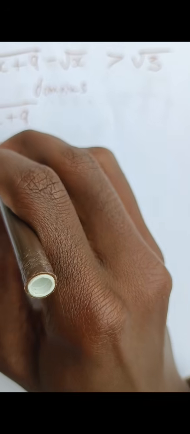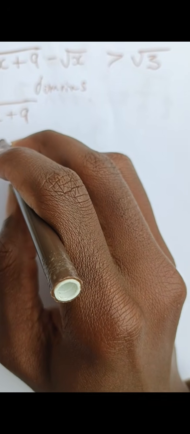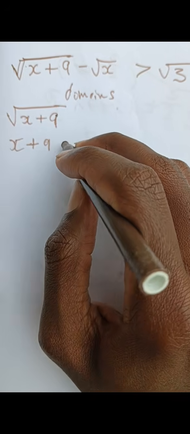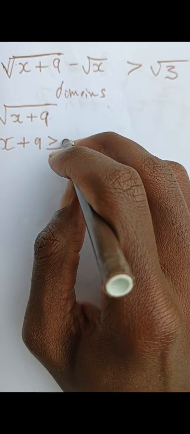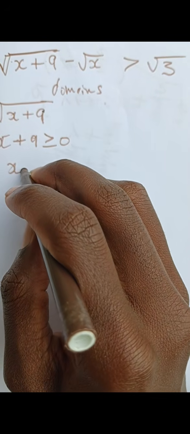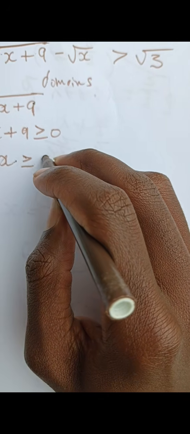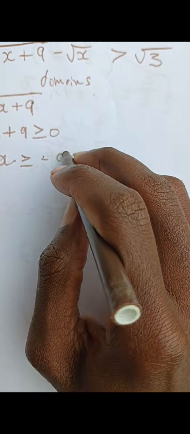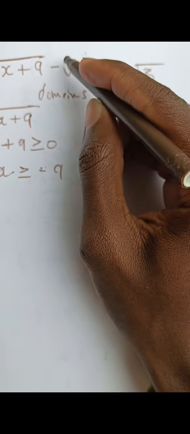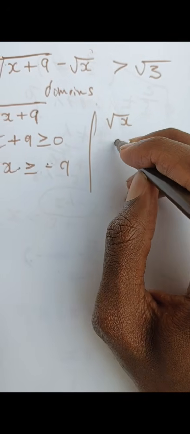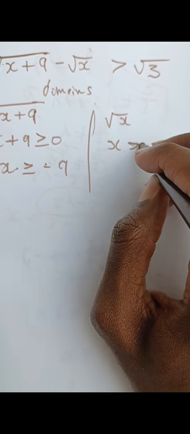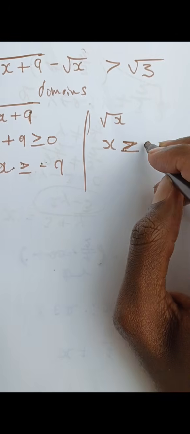So we start with this one. When you're finding the domain for anything under a square root, say x plus 9 is greater than or equal to 0, then x is greater than or equal to negative 9. For square root of x, x is greater than or equal to 0.